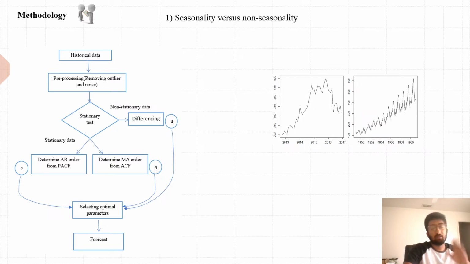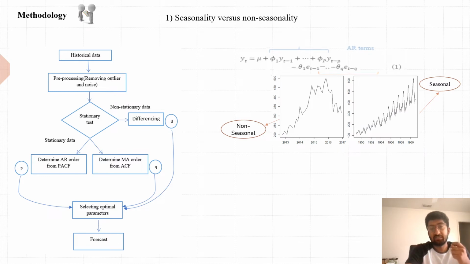As time goes on, there is no trend. But in the right image, there is a trend going upward, and the data is also seasonal, where it goes up and goes down again, and so on. So we need to identify this first. This one is non-seasonal data, and the image on the right is the seasonal data.